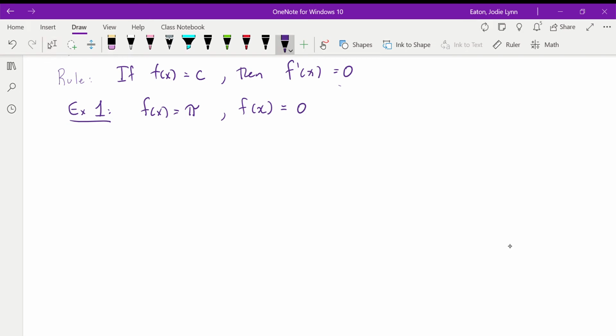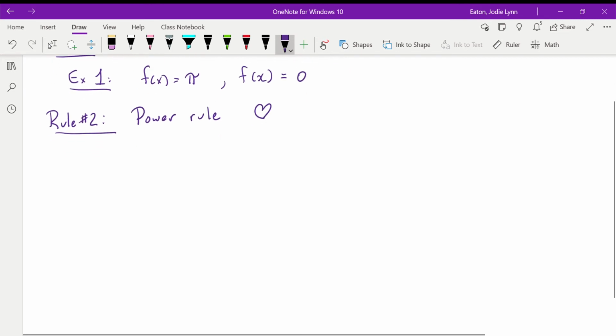The next rule is going to be your favorite rule, and it's going to be the one that we use the most. Rule number 2 is called the power rule. And we're going to draw a little heart here because you are just going to love this rule in terms of how easy it's going to make calculating your derivatives.